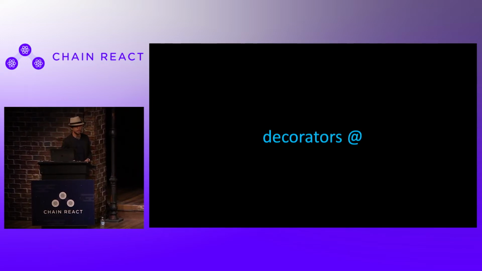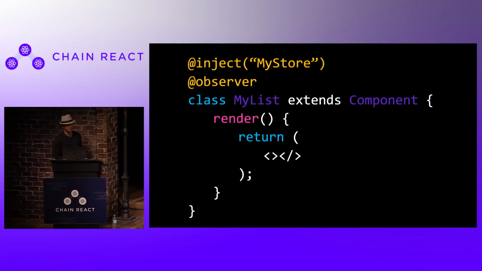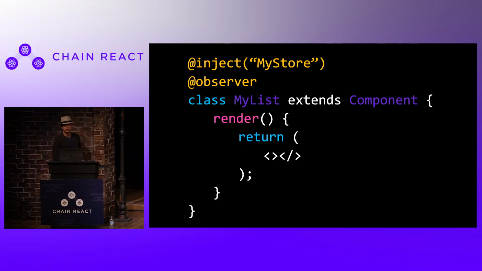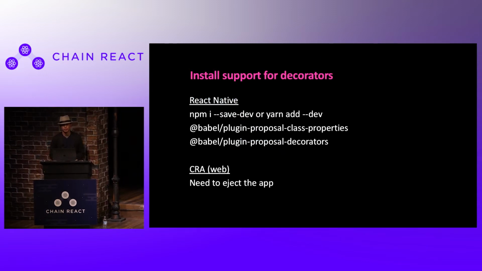Now let's go to ESNext optional decorators in MobX. Just like annotations in Java and Python, you can also use them here in React, but they're called decorators. A decorator in JavaScript is simply a way of wrapping a piece of code with another, so literally decorating it. To enable that in your compiler, you have to add these packages.